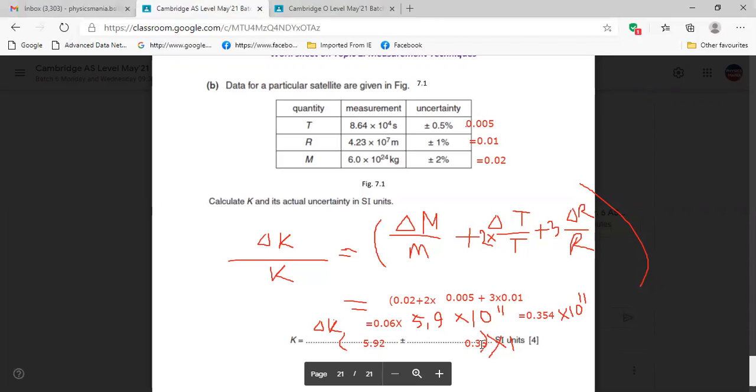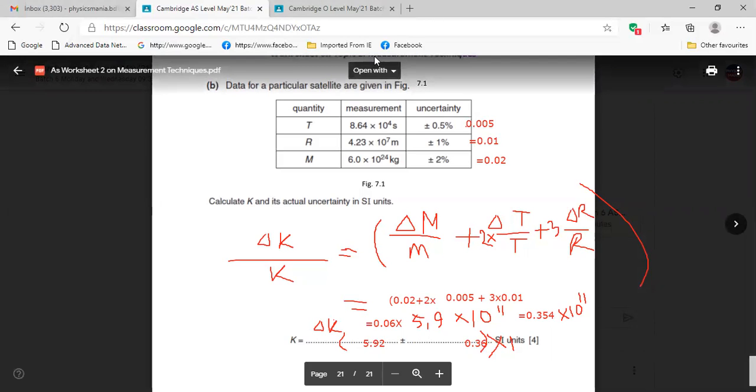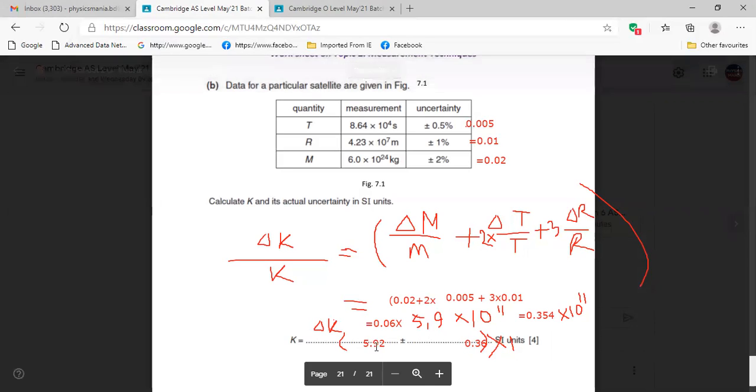So for you, you write here 0.35. 5.9, you got there 5.918, isn't it? Yes, sir. You got 5.918, isn't it?